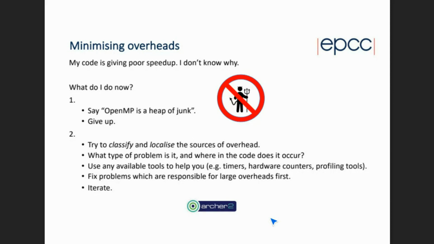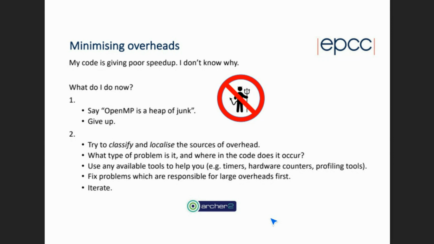You can use some tools to help you. You can get a lot out of just using timers, but hardware counters and profiling tools are also beneficial here. These tools take some effort to learn how to use, but if you're doing regular development on a particular system, then it's worth learning them.